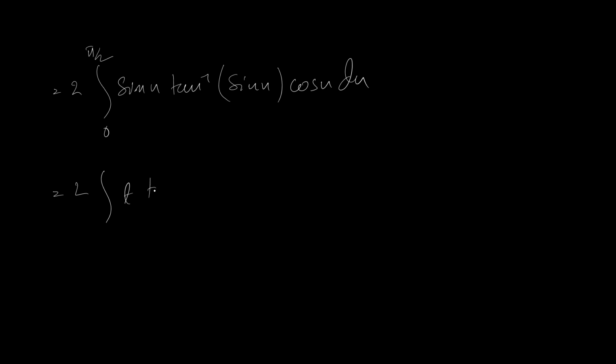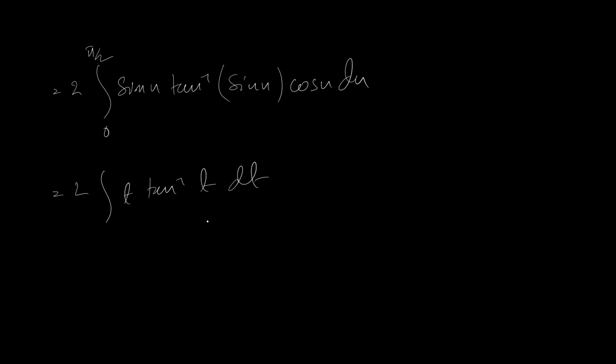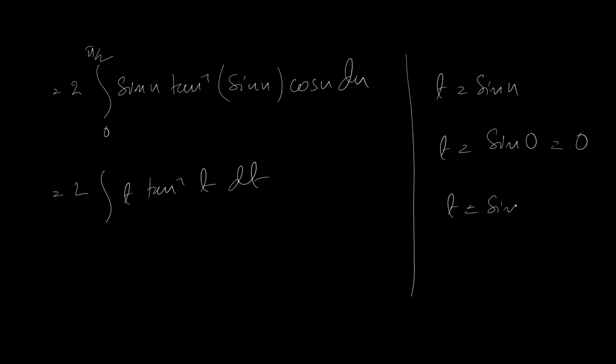So this is t tan inverse t, and cos x dx is dt. For the limits, t equals sine 0, which is 0, and t equals sine pi by 2, which is 1. So therefore 0 to 1.